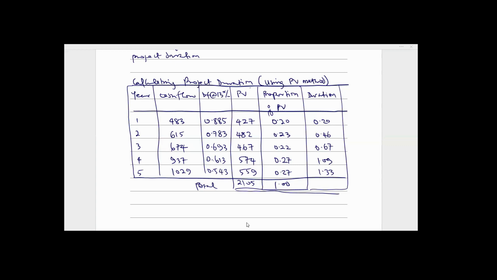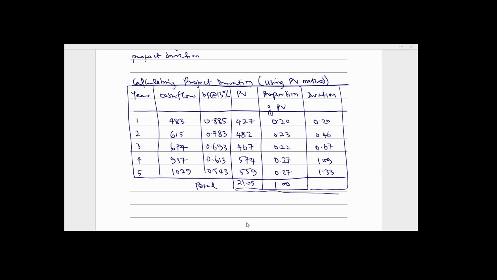Multiply by 3 equals 0.67, which is correct. Then 574 divided by 2105 equals 0.27 multiplied by 4 equals 1.09, correct. Then 559 divided by 2105 equals 0.27, multiplied by 5 equals 1.33, correct.